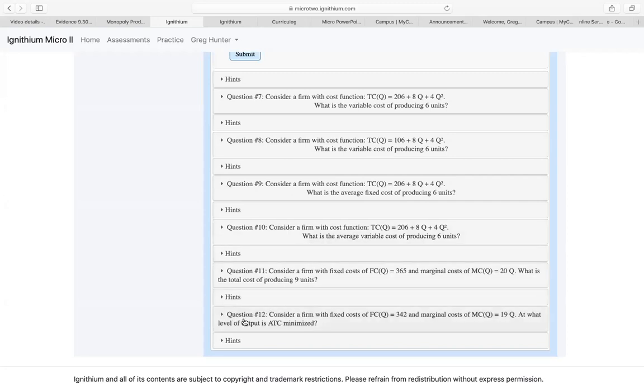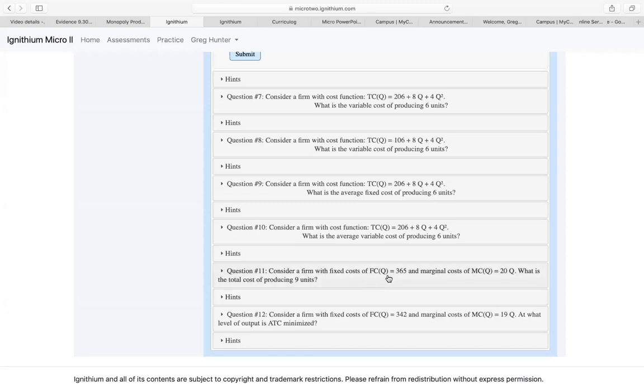But question 11 and question 12 are a little bit harder, because there's one relationship that you don't see until you get to question 11. So it says, consider a firm with a fixed cost of 365 and marginal cost of 20. What is the total cost of producing 9 units?